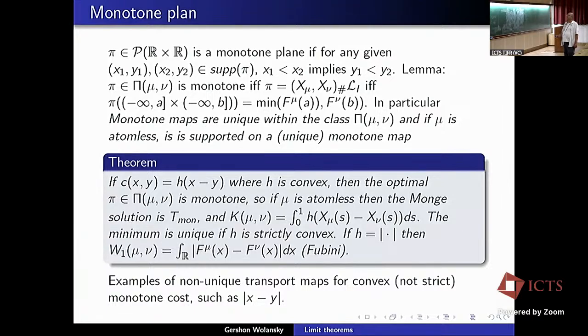And if mu is without atoms, then it's actually a monotone map, because if mu has no atoms, then F_mu is continuous, and we can reparameterize x as F_mu of x. It's a continuous parameterization, and then we get a monotone map.